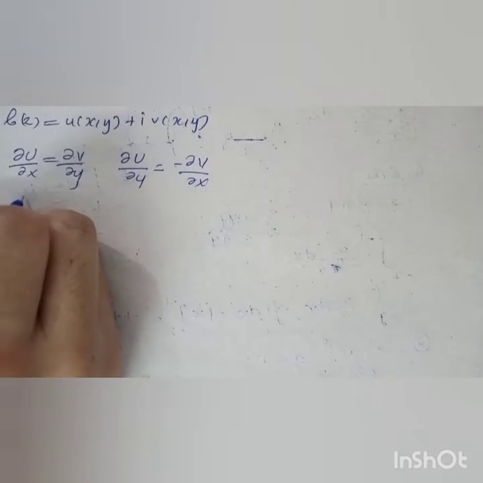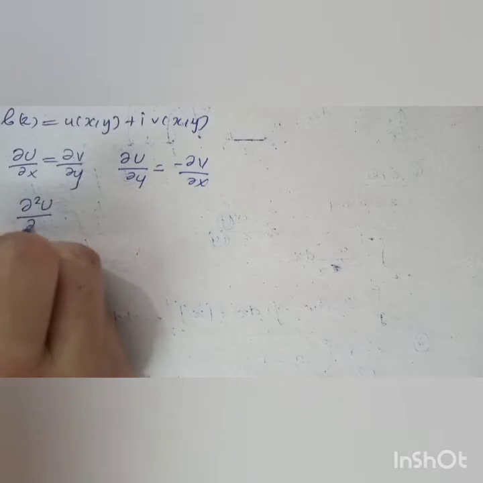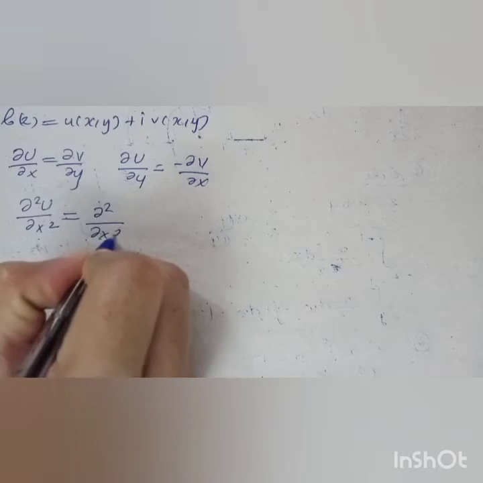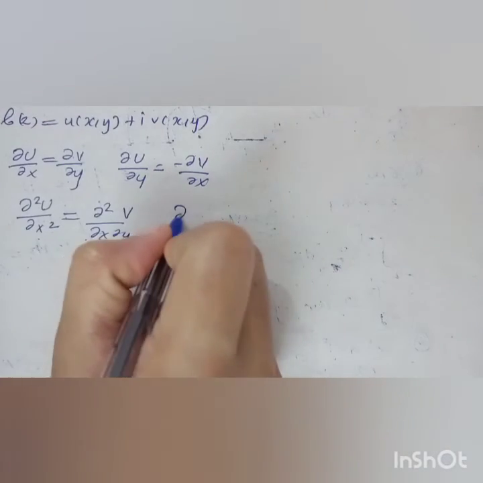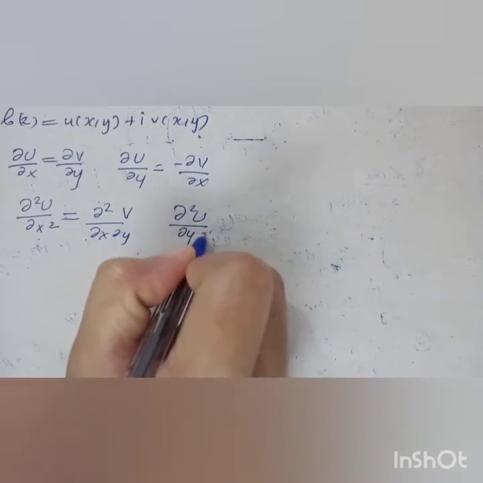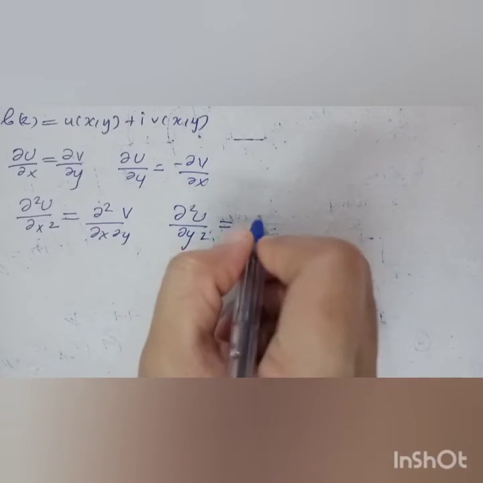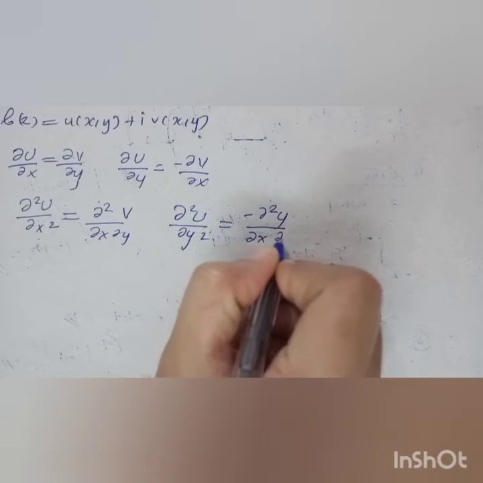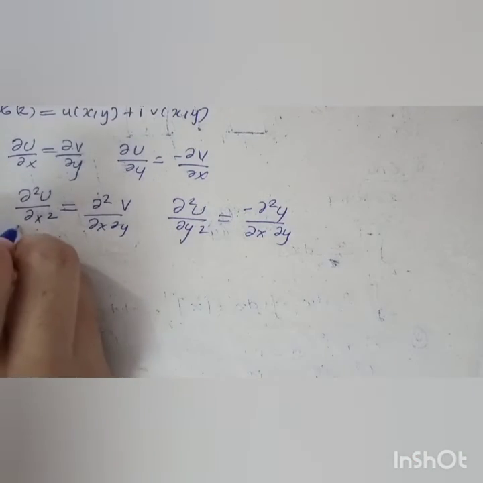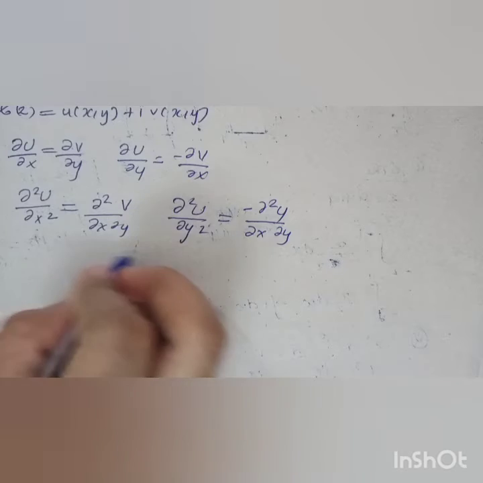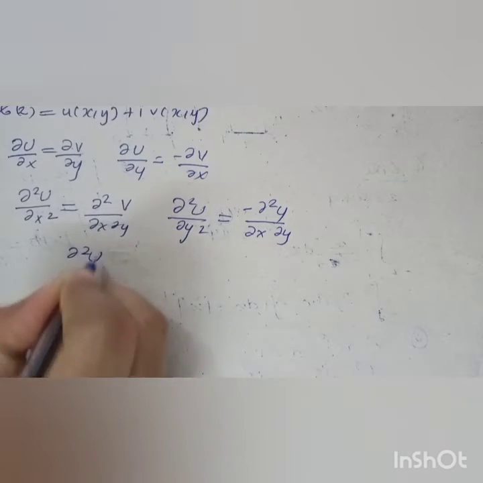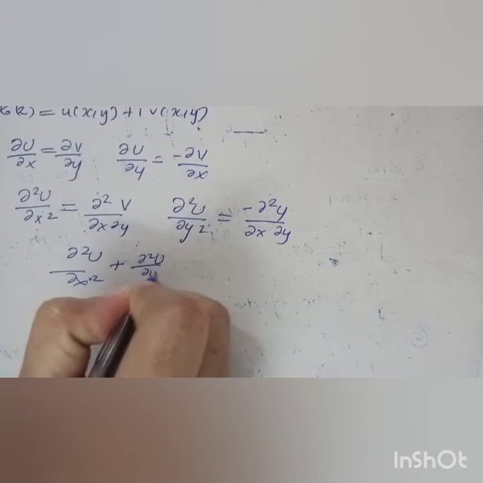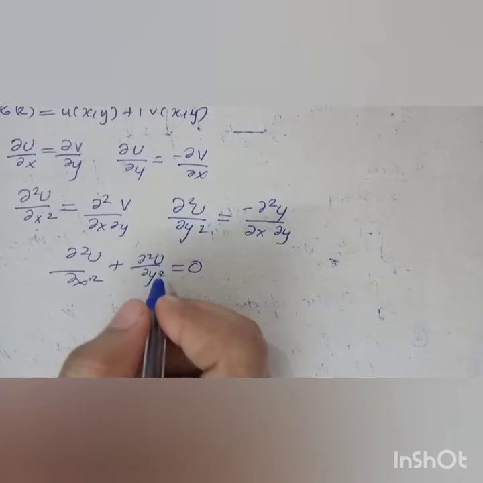You have to differentiate once again, that is dou square u by dou x square is equal to dou square v by dou x dou y, and dou square u by dou y square is equal to minus dou square v by dou y dou x. If you add these, dou square u by dou x square plus dou square u by dou y square is equal to 0.